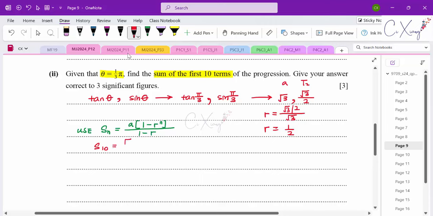A is square root 3. R is half, power 10, divided by 1 minus half. Then maybe you just use a calculator to help you get the final answer. You'll be getting a long number. And now we cut it short, correct to 3 significant figures.